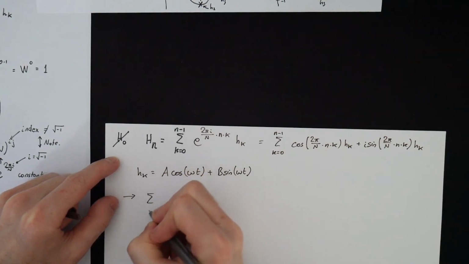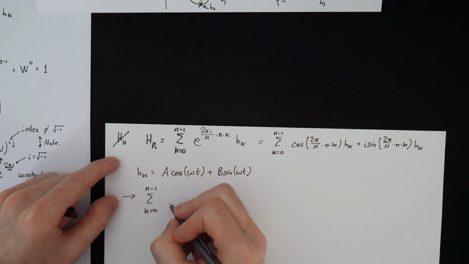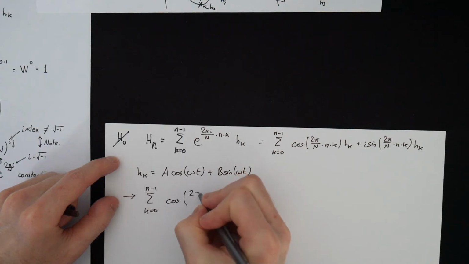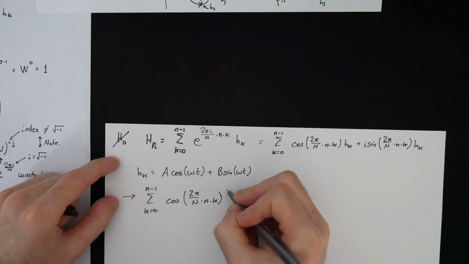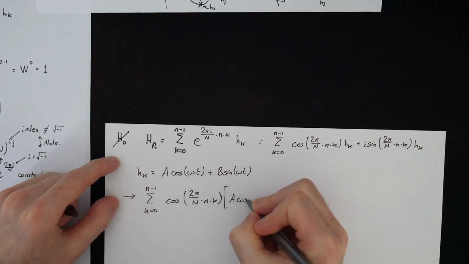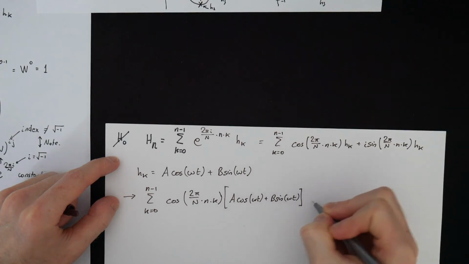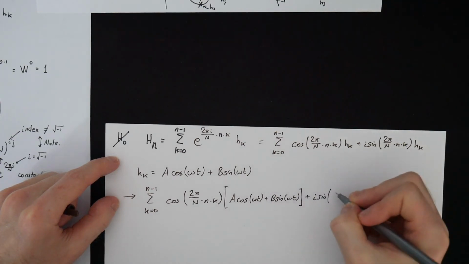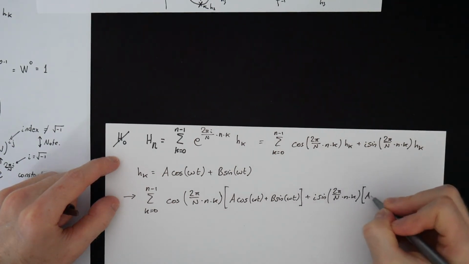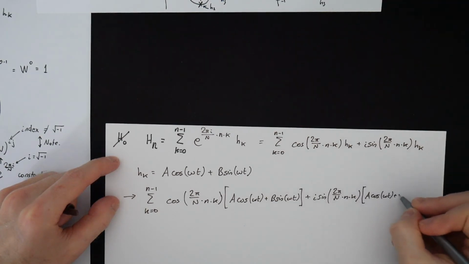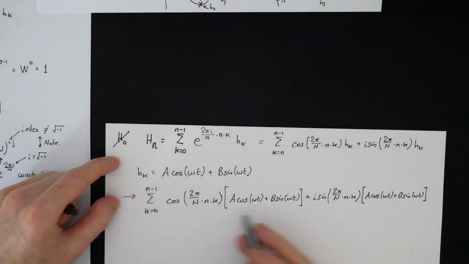We get this sum k equals 0 to n minus 1, cos 2 pi over n k times by, plus i sine. All of this is still inside the sum, by the way.